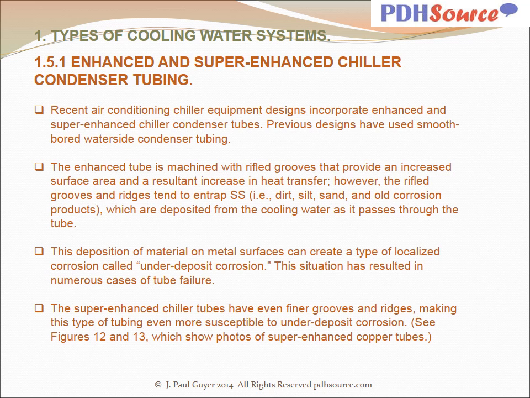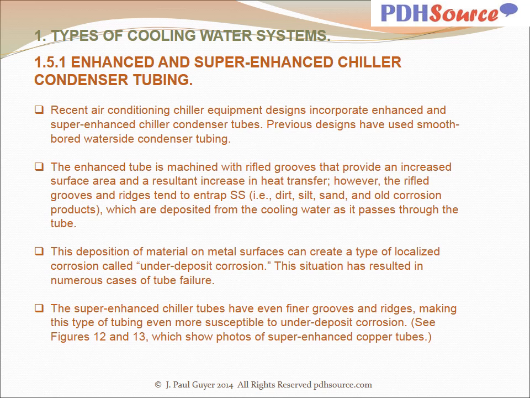This deposition of material on metal surfaces can create a type of localized corrosion called under-deposit corrosion. This situation has resulted in numerous cases of tube failure. The super enhanced chiller tubes have even finer grooves and ridges, making this type of tubing even more susceptible to under-deposit corrosion.